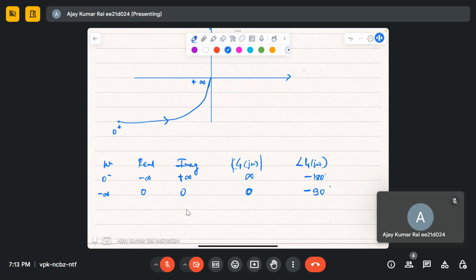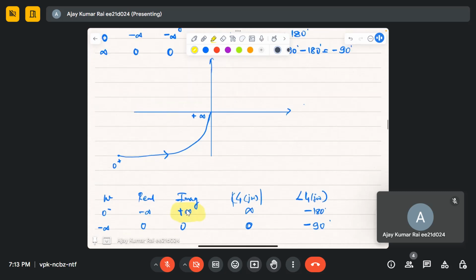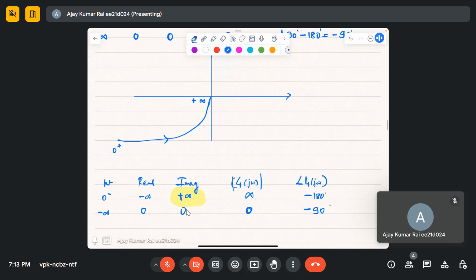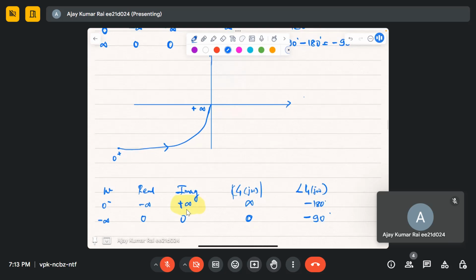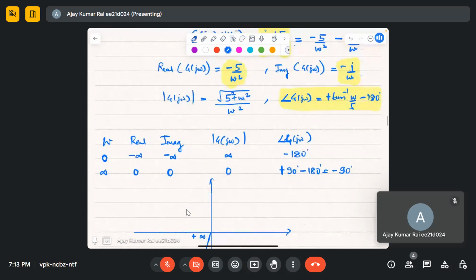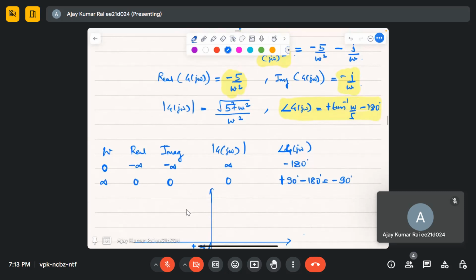I think one difference is this one. Okay, let me plot this. So at infinity, minus infinity, you'll get 0, 0, minus 90. Okay, I think you should get something else.